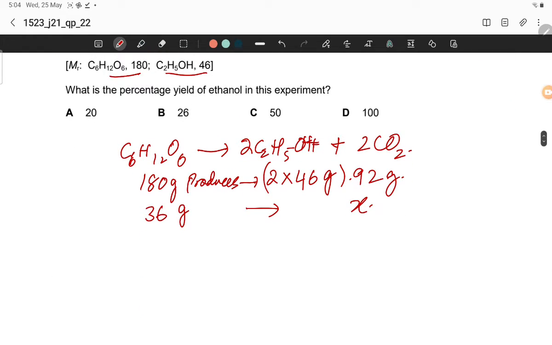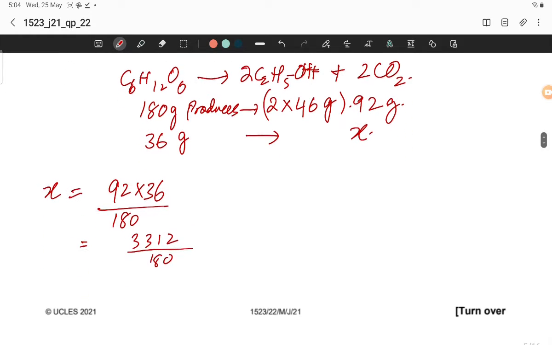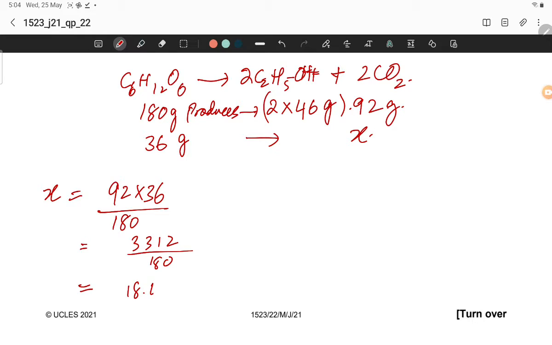By cross multiplying, X is equal to 92 into 36 divided by 180. 92 into 36 is equal to 3312, divided by 180 is equal to 18.4. So this is the theoretical yield.